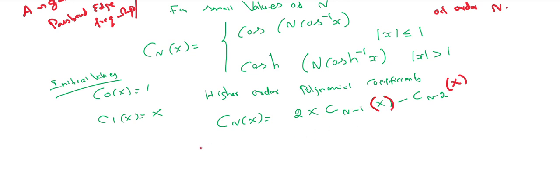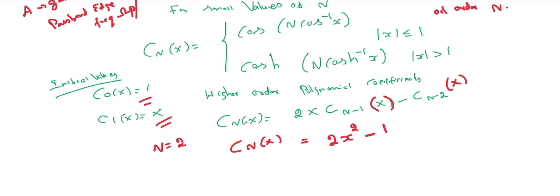For example, if n is equal to 2, the Cn of x is equal to 2x times x, so 2x squared, minus C0, that is 1.